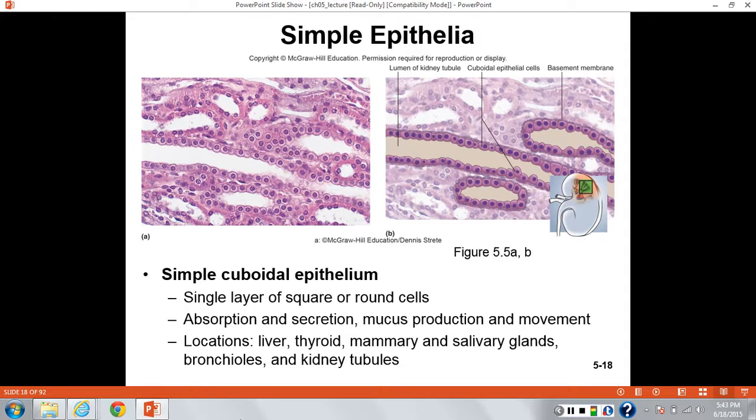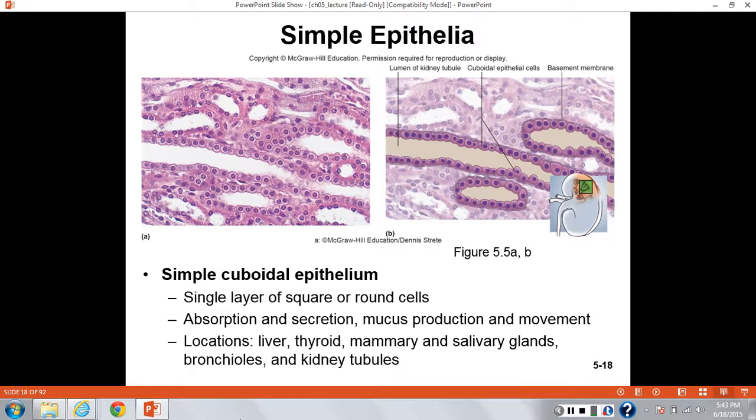Alright, this is an example of simple what? Cuboidal. If you look at the cells, you see the nucleus, they are what? Cube shaped. Alright, square around. What do they do? Absorption and secretion. Alright, where does this come from? This is a diagram of a what? Kidney. Alright? Absorption, your kidneys do.